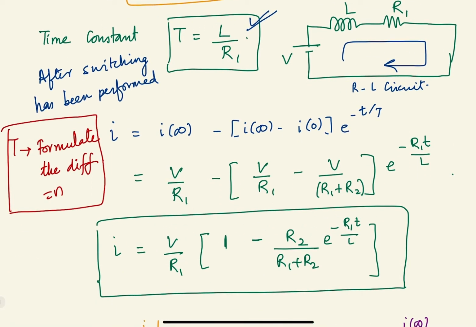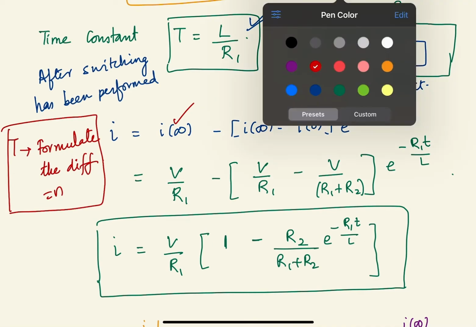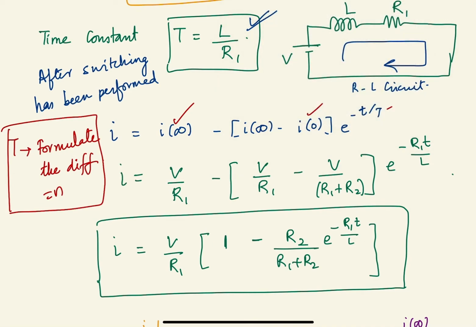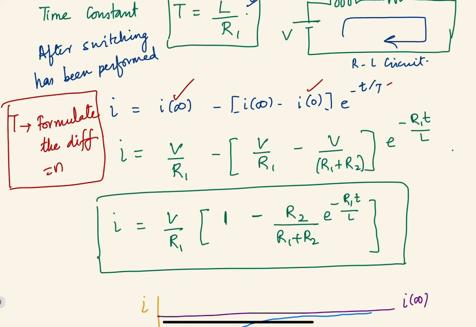Now, when you know the I infinity, I0, and the time constant, you can then simply say that the current in the circuit I takes on this value, which is I is equal to V divided by R1 minus V divided by R1 minus V divided by R1 plus R2 times e to the power minus R1 t by L. This is the expression for the current in this circuit.